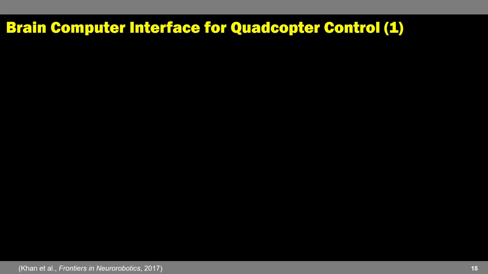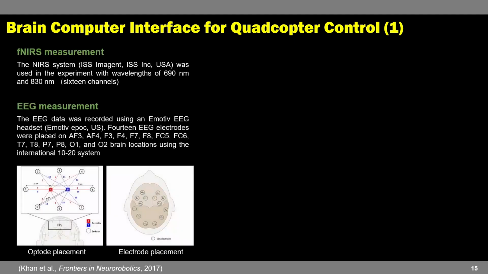Here is an example which I borrowed from Dr. Khan and my old advisor, Professor Keum-Shik Hong. They built a brain-computer interface system to control a quadcopter. In this case, they measured the fNIRS signal and the EEG signal together, putting the electrodes and the optodes in different positions.